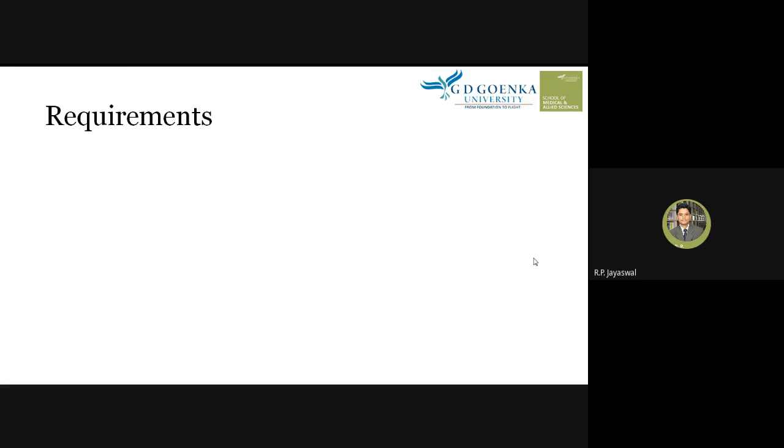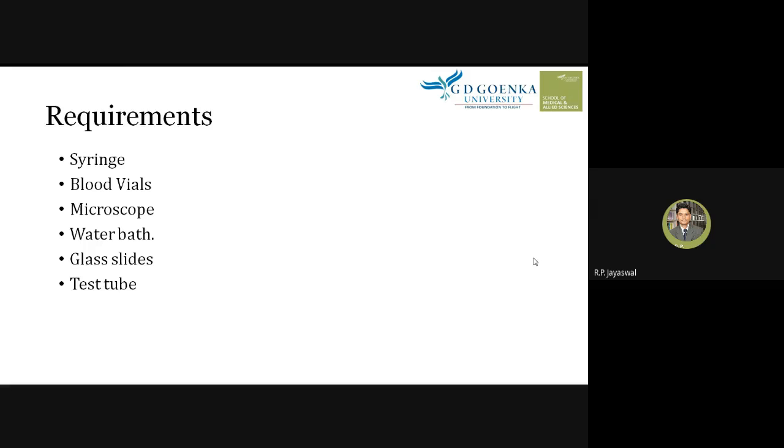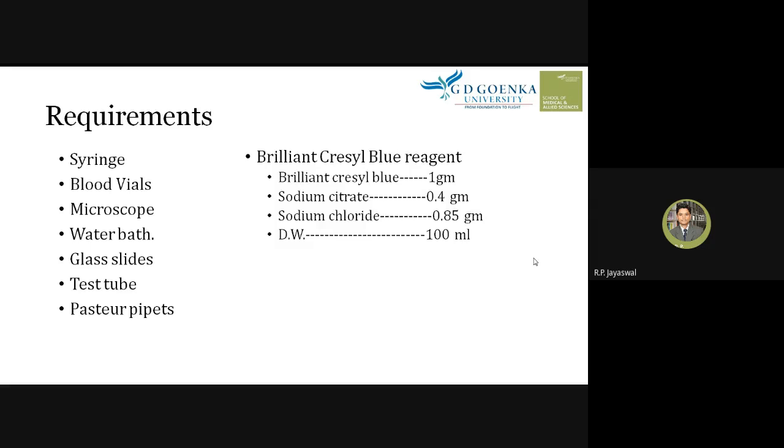To perform this experiment manually in the laboratory, we require some things like syringe, blood vials, microscope, water bath, glass slides, test tubes, and master pipettes. And this is the composition of brilliant cresyl blue reagent, which is 1% brilliant cresyl blue.